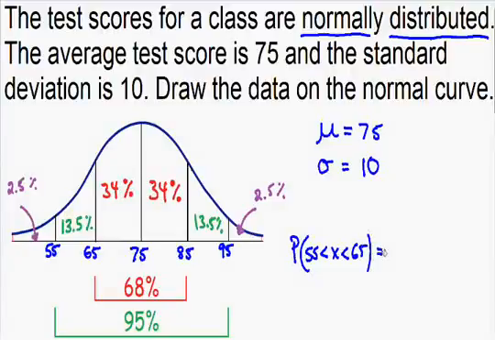Okay, so the only thing that we need to do to find this probability is find the area between 55 and 65. The area between 55 and 65 is 13.5% of the total area of the curve. So we know the probability of a student scoring between 55 and 65 is also going to be 13.5%.